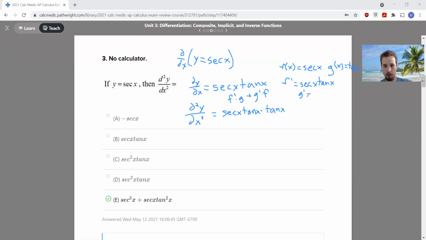g prime, the derivative of tangent, is secant squared. So f prime is right here.